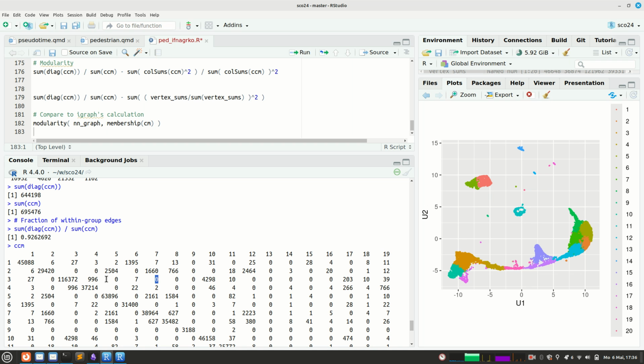At the moment, we have defined our modularity as the fraction of edges within a cluster, minus the expectation for this fraction under random edge permutations.